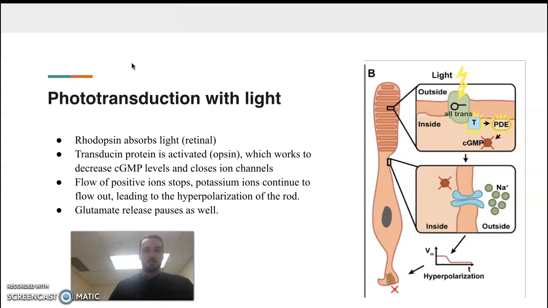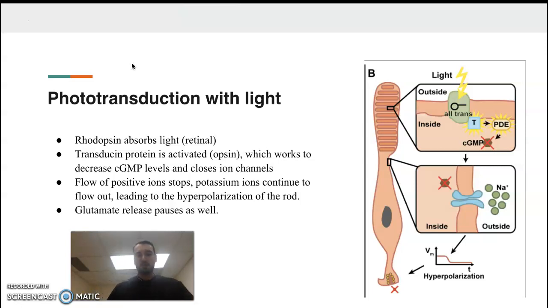And transducin activates another enzyme called phosphodiesterase. So what is the purpose of phosphodiesterase? Well, phosphodiesterase is an enzyme, and it works to lower the cGMP levels.